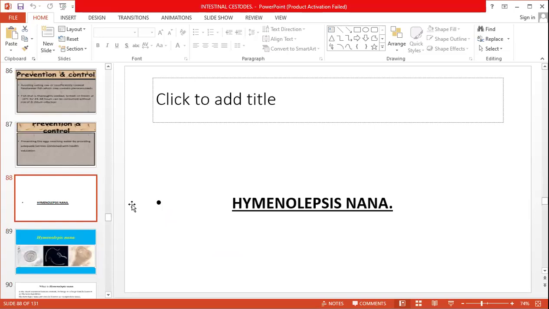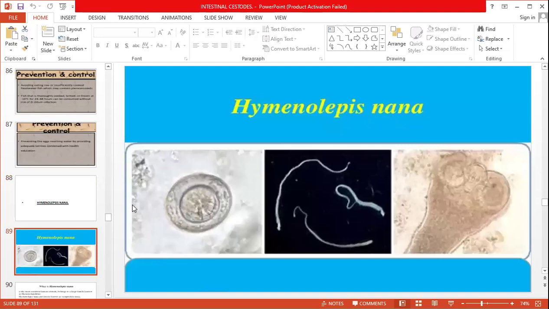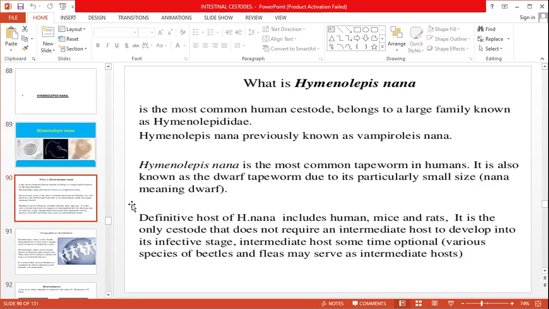Now the next one is Hymenolepis nana, or H. nana. It looks like this. It's also a common human cestode, and H. nana is the most common tapeworm in humans, also known as the dog tapeworm. Definitive hosts include man, mice, and rats.